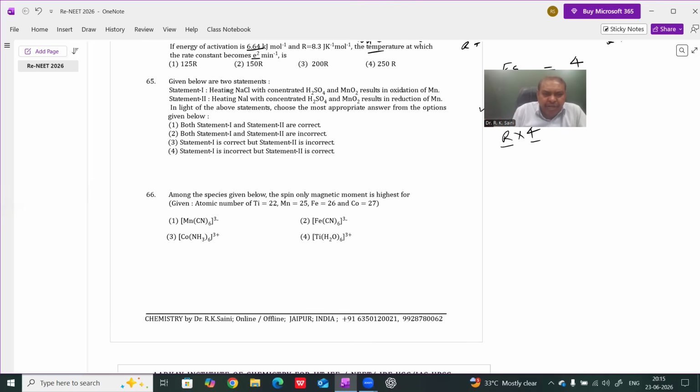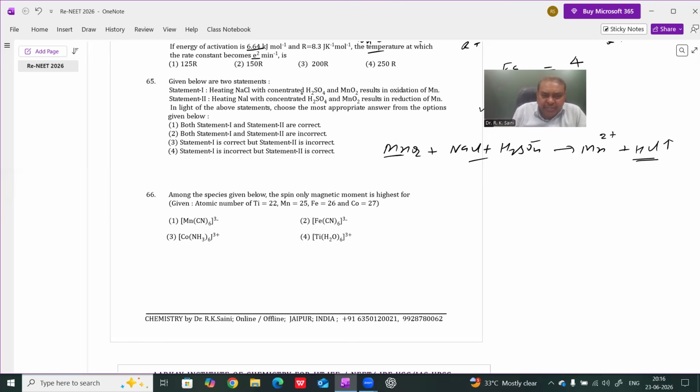Question next, 65, taken from D and F block, particularly formation of KMnO4 by the pyrolusite method. When MnO2 reacts with NaCl in presence of concentrated H2SO4, then Mn plus 4 is reduced in acidic medium to plus 2 and HCl gas is evolved, slightly white fumes.